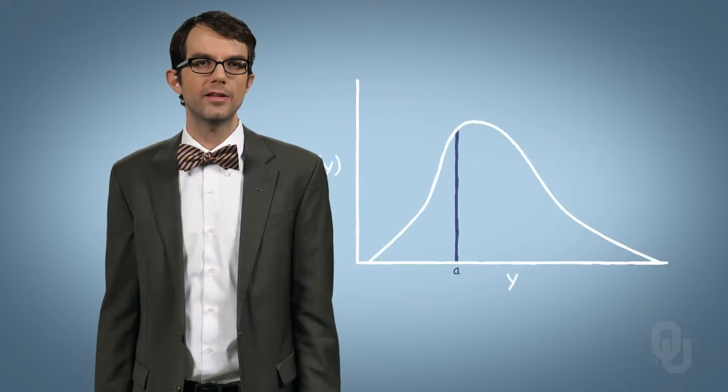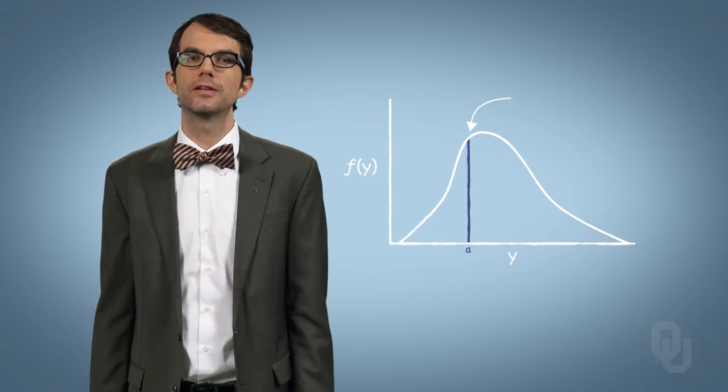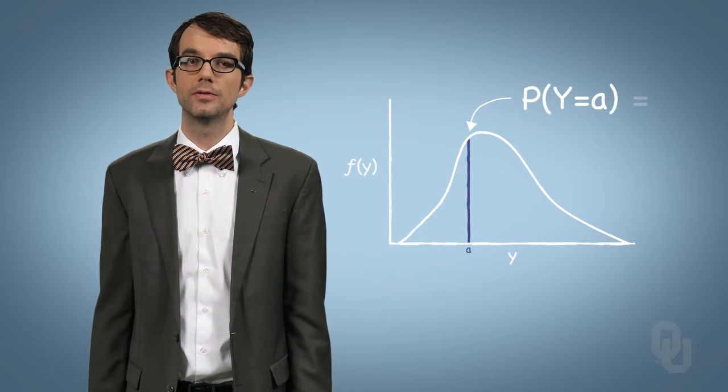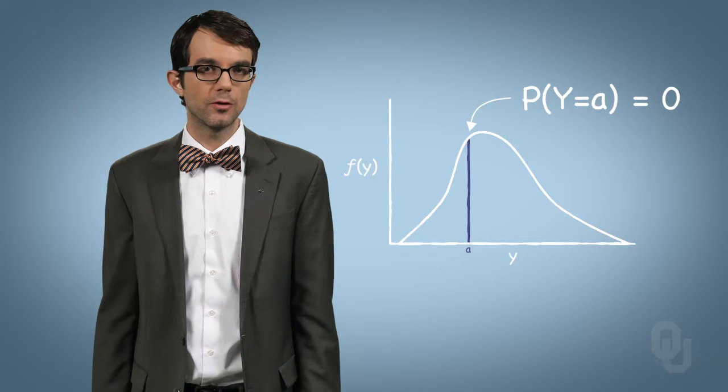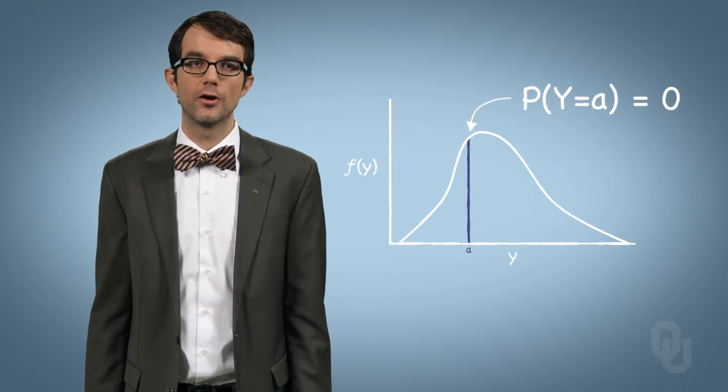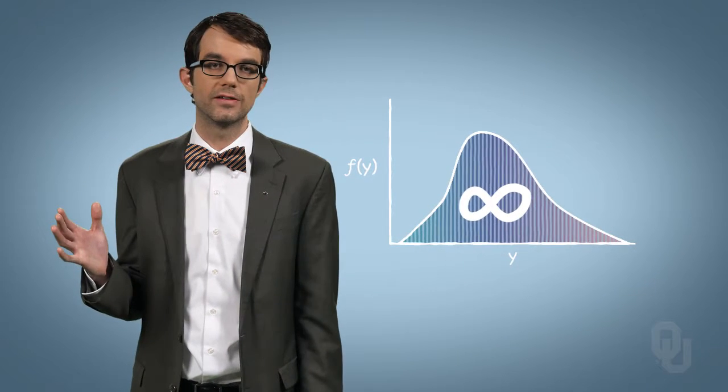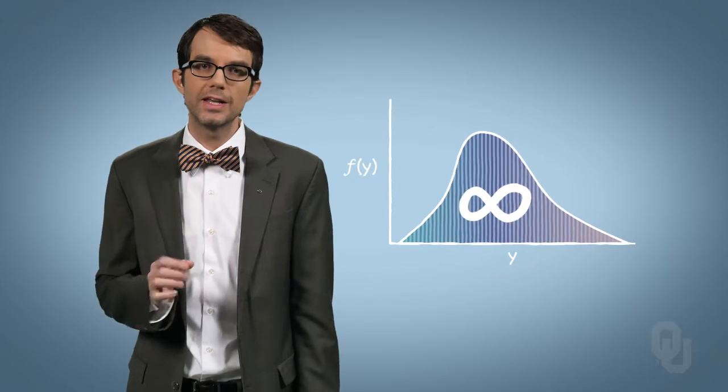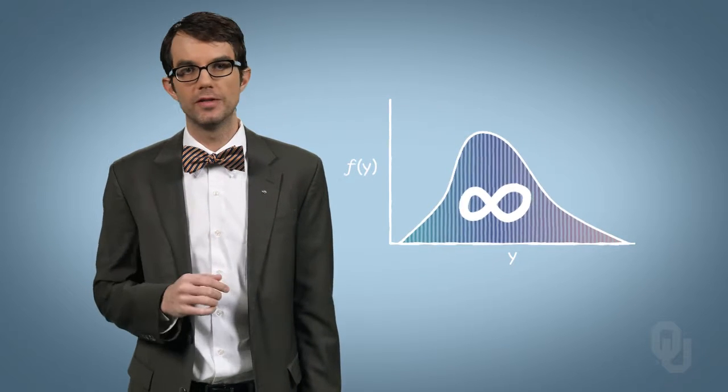You probably noticed that when I've been talking about the probability of a continuous random variable, I always measured it for a range of values. That is, what's the probability that y is between a and b? That's because the probability of an individual realization of a continuous random variable is 0. From a practical perspective, this makes sense. There are an infinite number of realizations on a continuous number line, so the probability of any particular value must be 0.